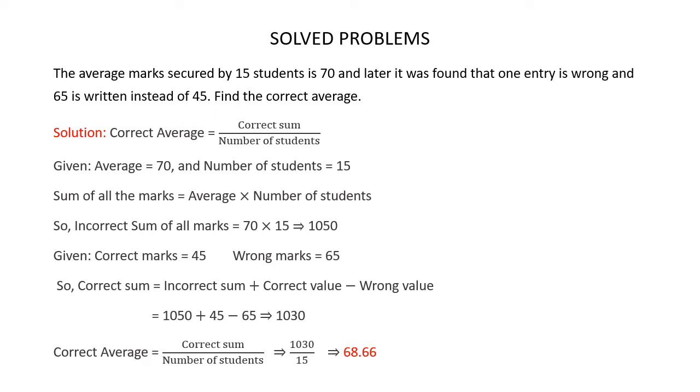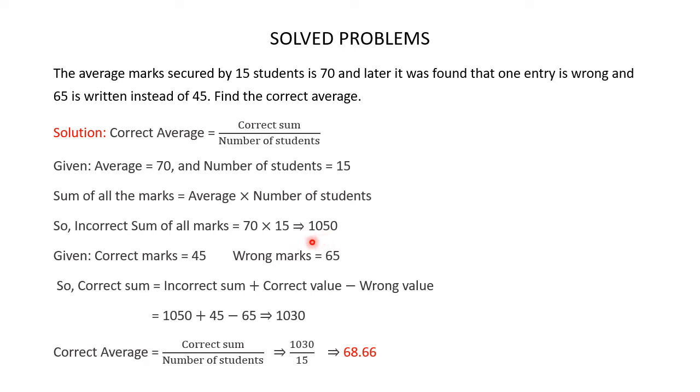Now it's given that the average is 70 and number of students is 15. So we know that sum of all the marks is equal to average multiplied by number of students. So this is 70 multiplied by 15, which is 1050. But this 1050 is not the correct sum of all the marks.